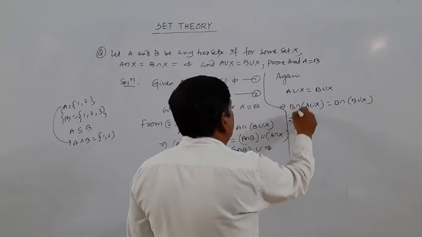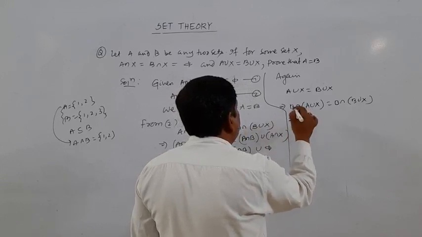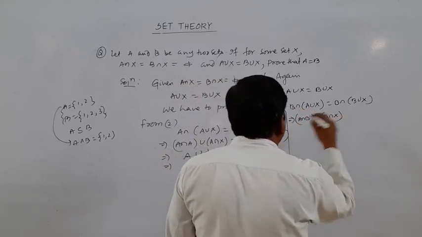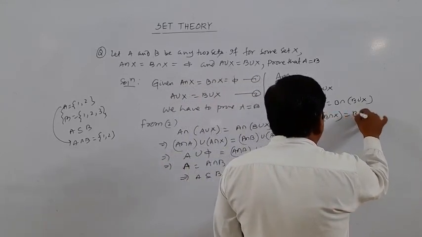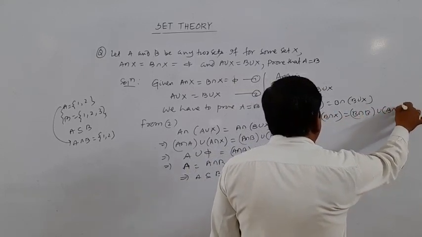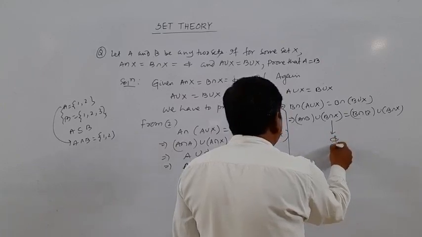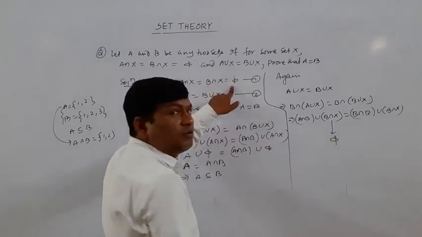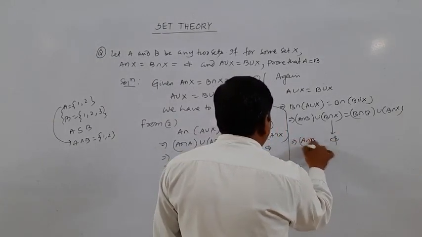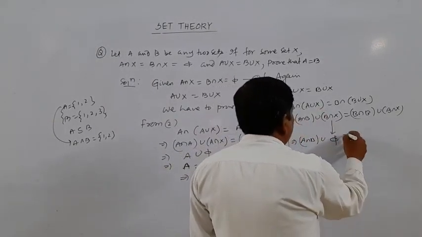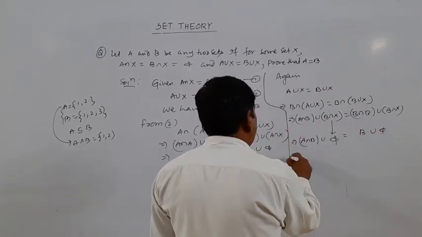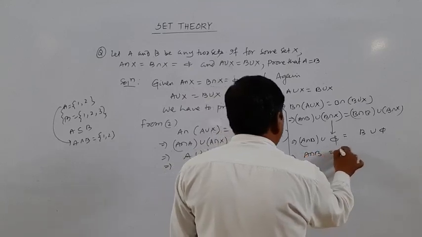So this is (A intersection B), or B intersection A, same thing, union (B intersection X), equals (B intersection B) union (B intersection X). We know B intersection X is phi. So this is A intersection B union phi equals B union phi, so A intersection B is equal to B.